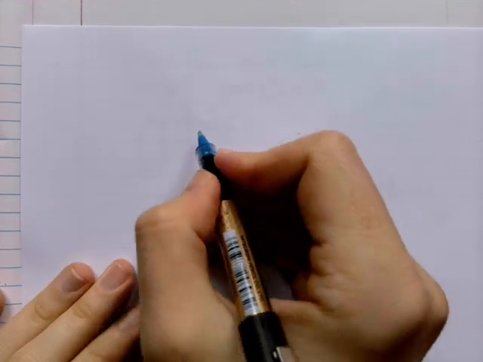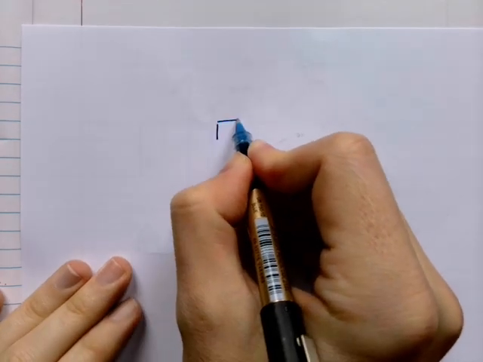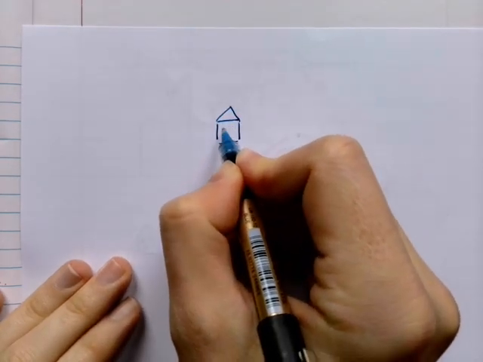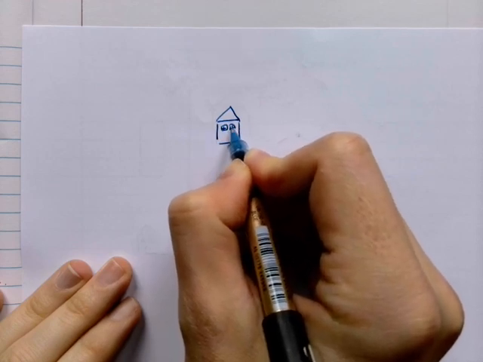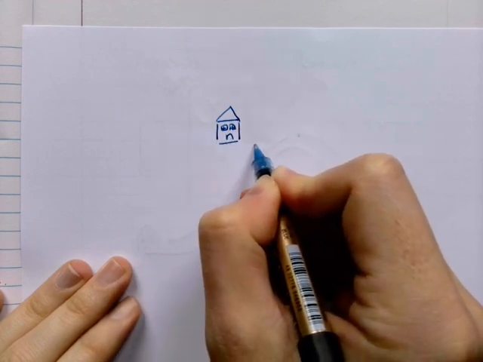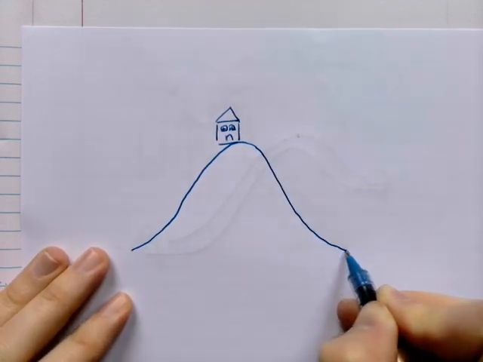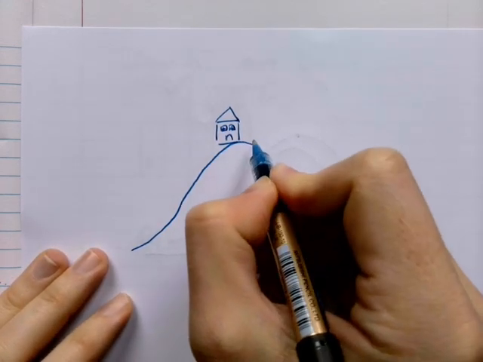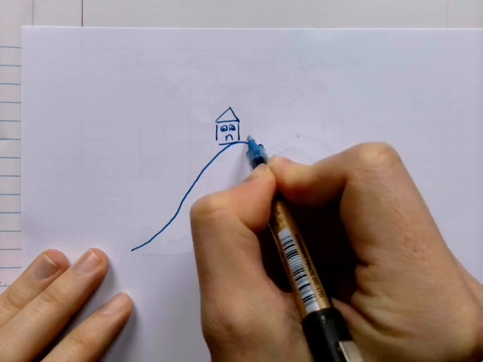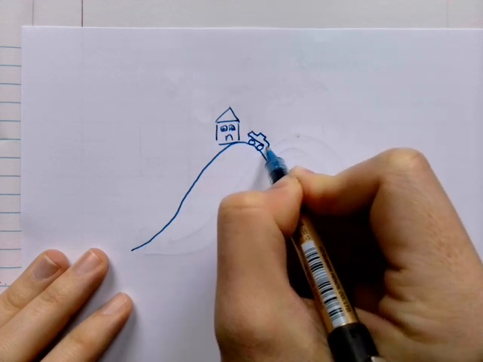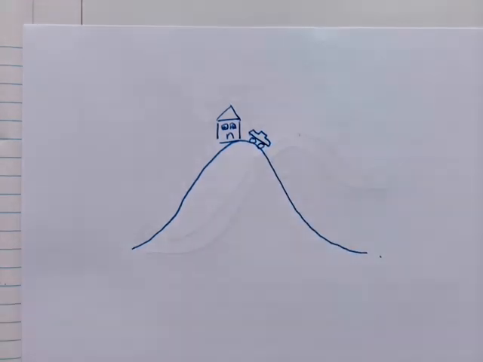So if you think again about if you lived, so your house here was on the top of a hill, all right, and this is your car. If you lived at the top of the hill like that, what would happen?